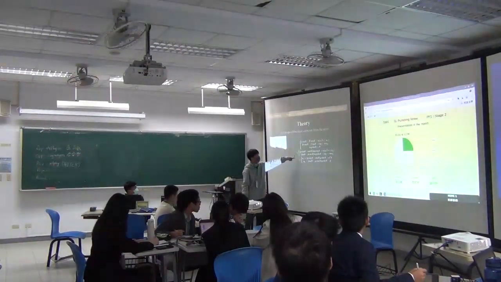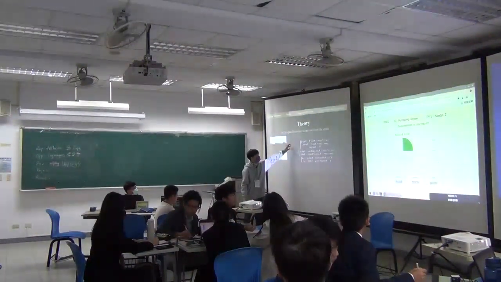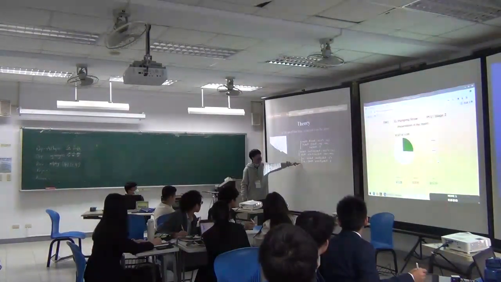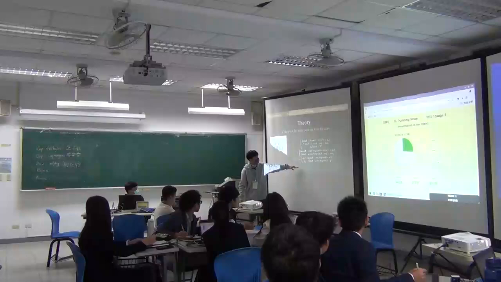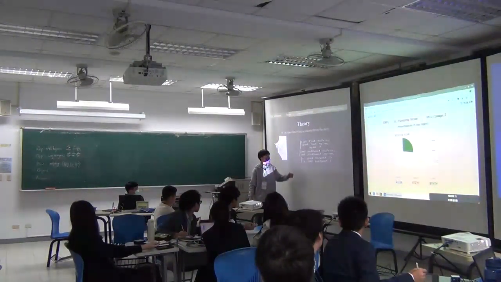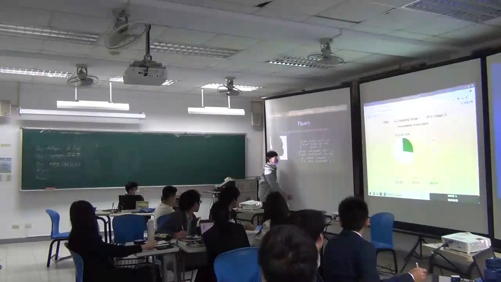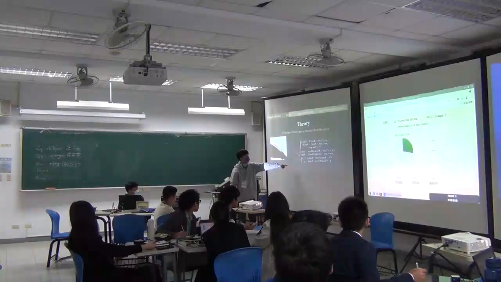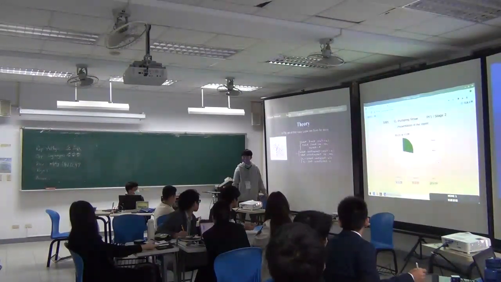And from these three lines we can get AX and AY. We know that AY is a constant, but for AX, there is an omega squared X. So now we will solve for AX.